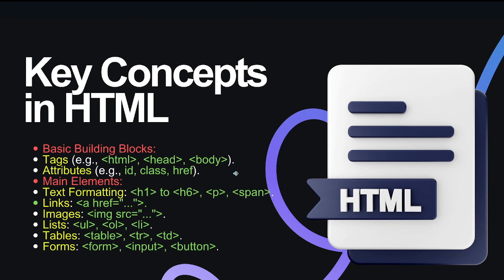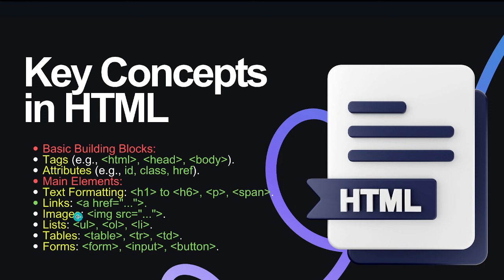The main elements in HTML are h1 to h6, which are headings. p is used for a paragraph. span is used for a small portion of content, like a div. Then we have links, if we want to open a new tab or new file, or video links.